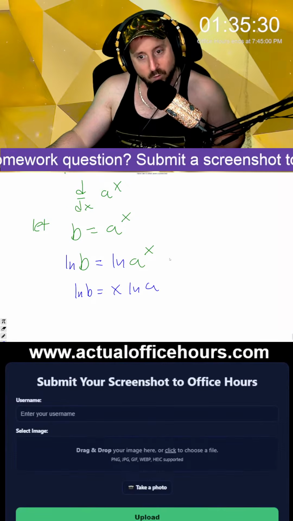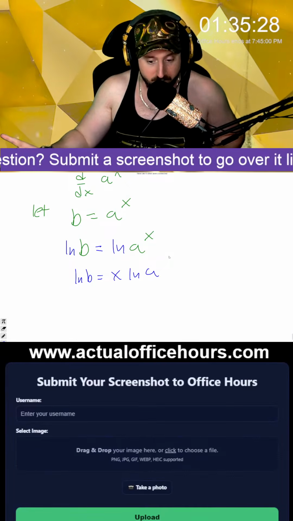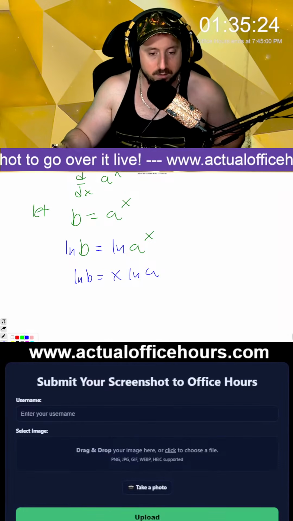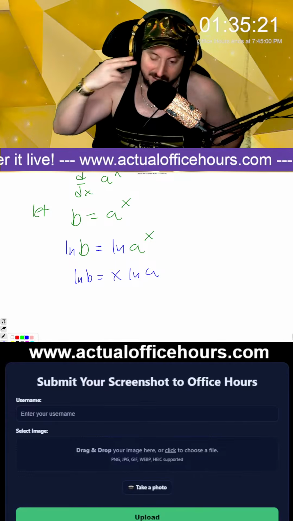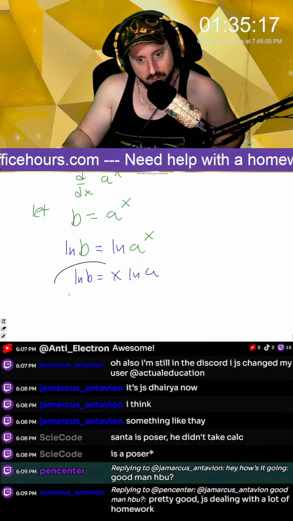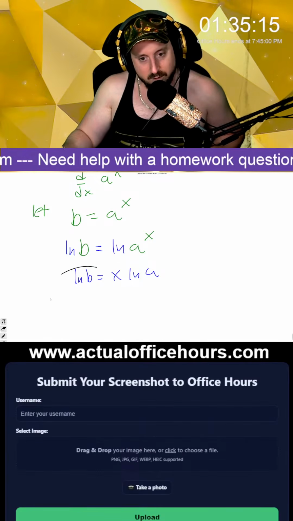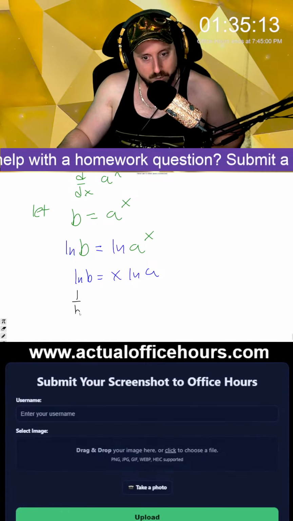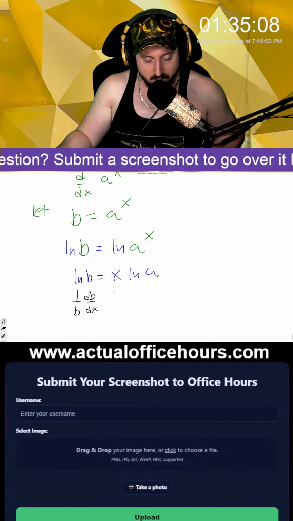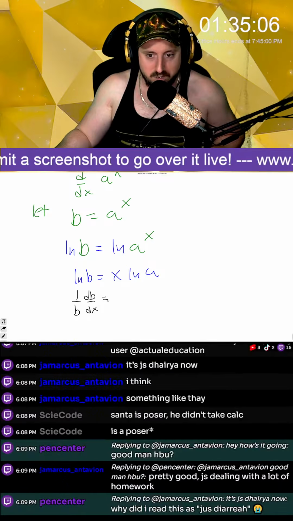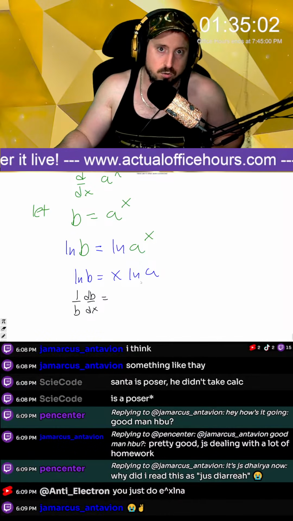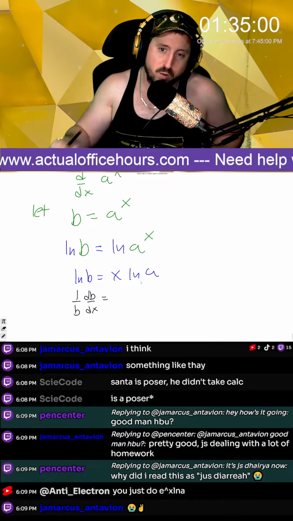And now what you can do is take the derivative of both sides with respect to x. Let me think how to do this. The derivative of this is 1 over b db dx, and then this would be equal to, you just, e to the x ln of a.